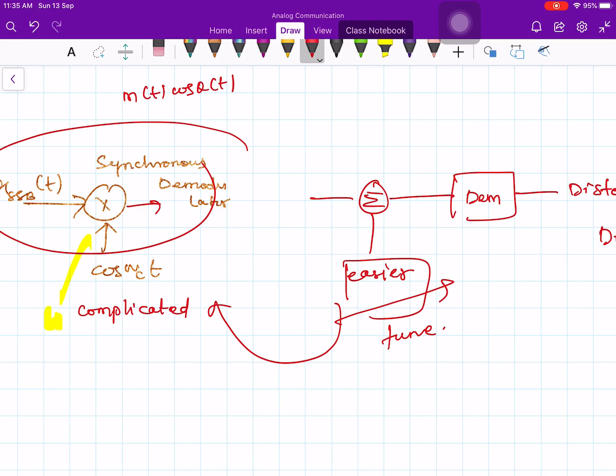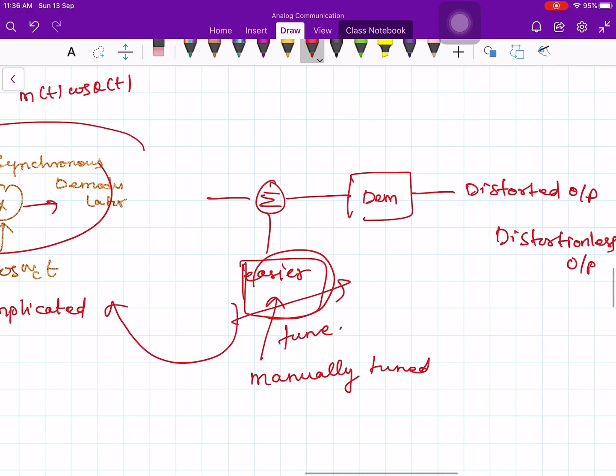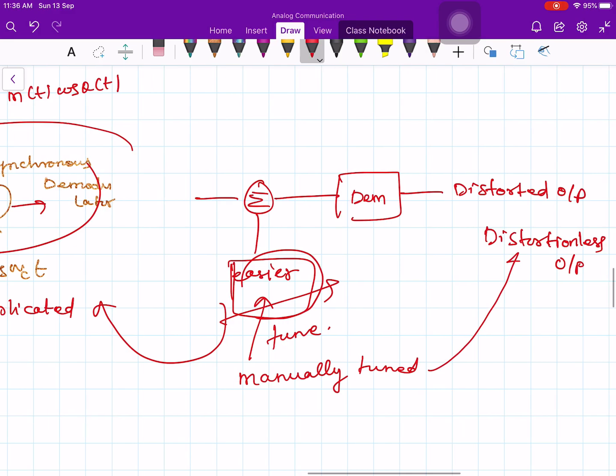So it is easy to do in this case, and therefore carrier reinsertion is preferred over the synchronous demodulator. The local carrier frequency and phase can be manually tuned until you get a distortionless output.